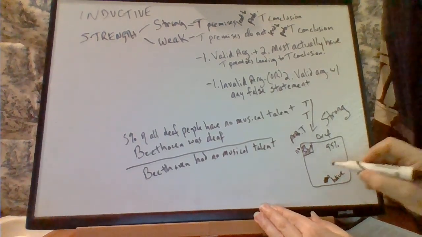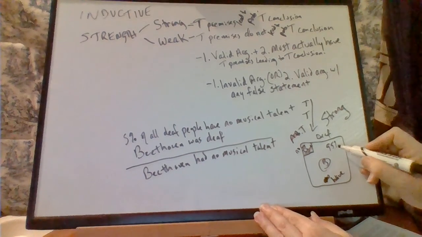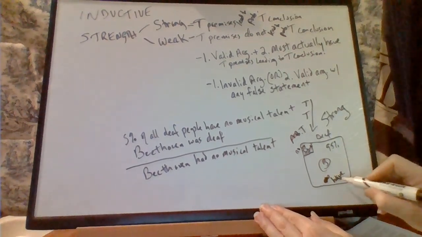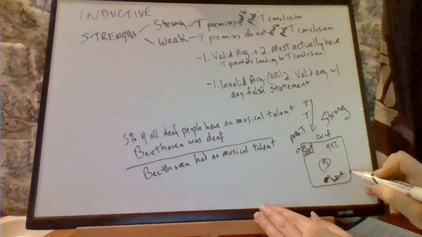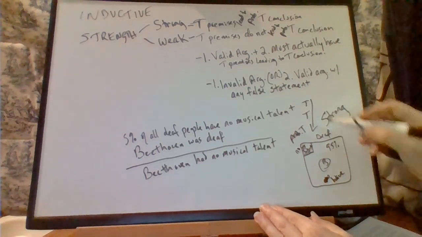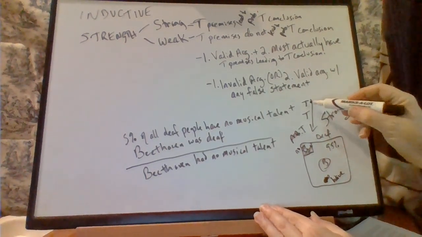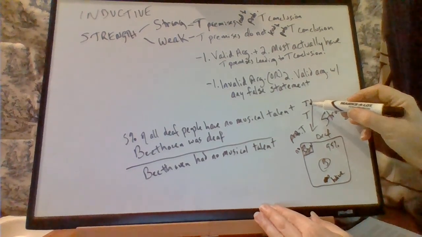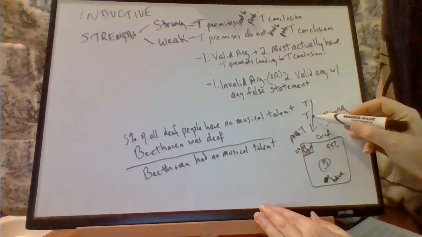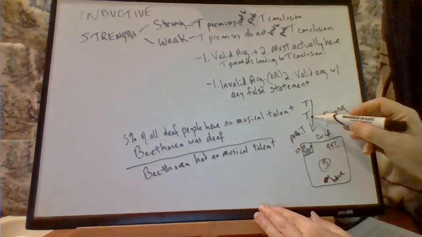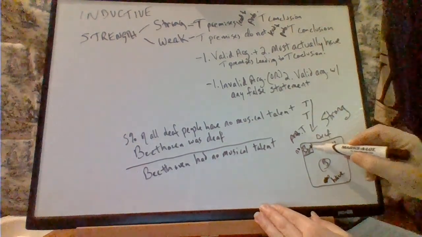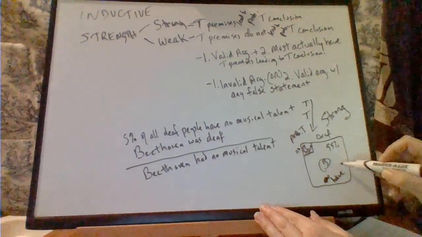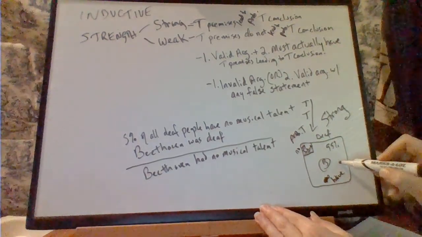If he's deaf, he's going to be right here in the 95% again, which are those that have musical talent. So, in this instance, if it's true that 5% of deaf people have no musical talent, and it's true that Beethoven was deaf, it doesn't seem very likely that Beethoven was part of that 5%. It seems much more likely he's part of the 95%.